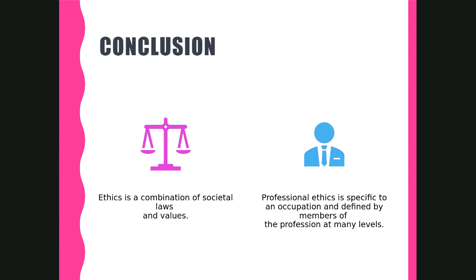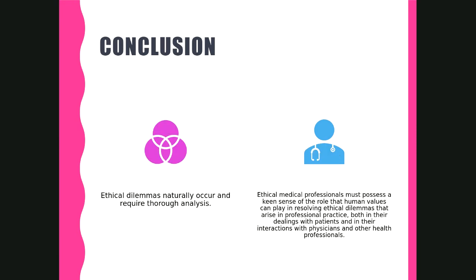Professional ethics is specific to an occupation and defined by members of the profession at many levels. So when we talk about professional ethics, we are speaking about the ethics related specifically to a certain profession.